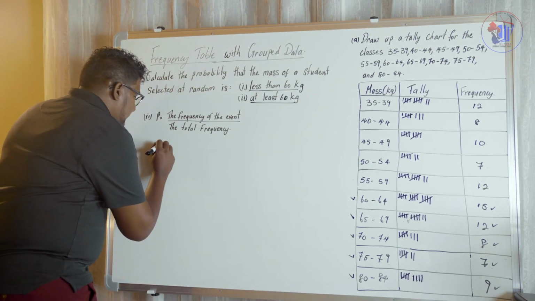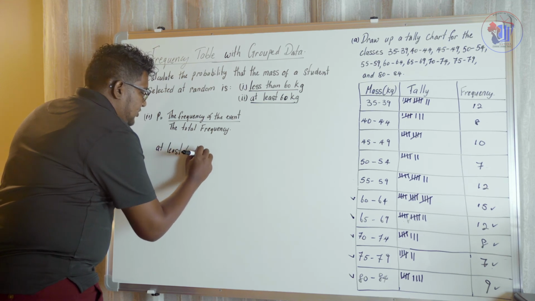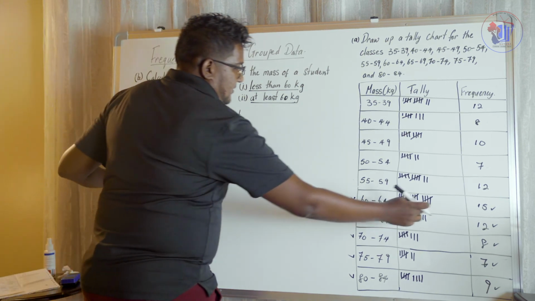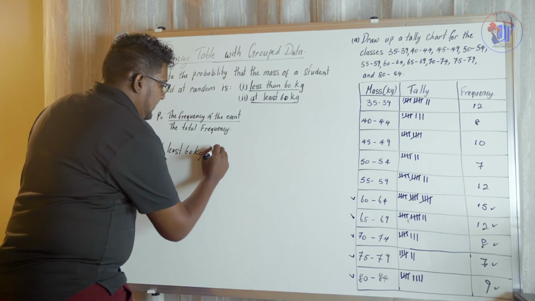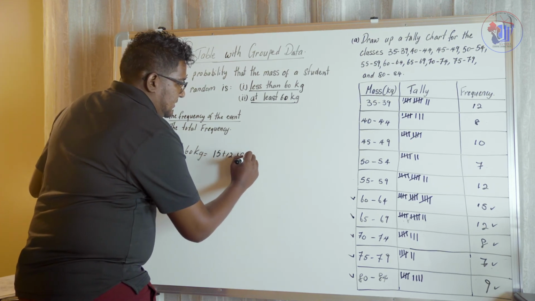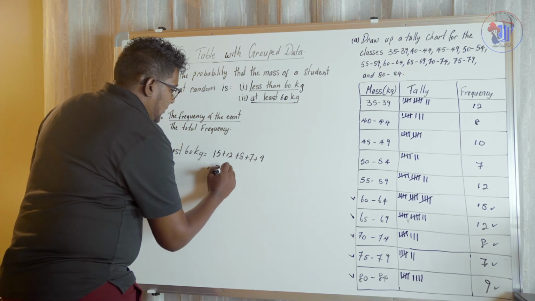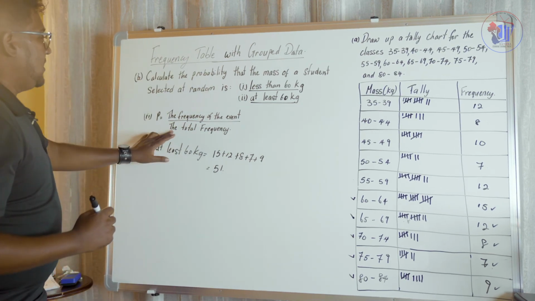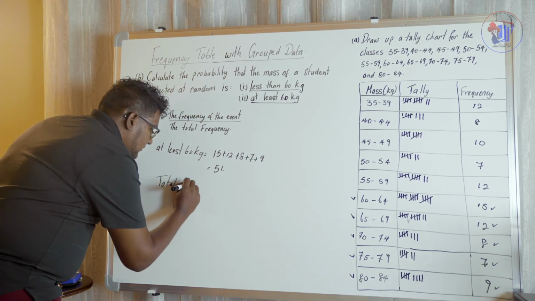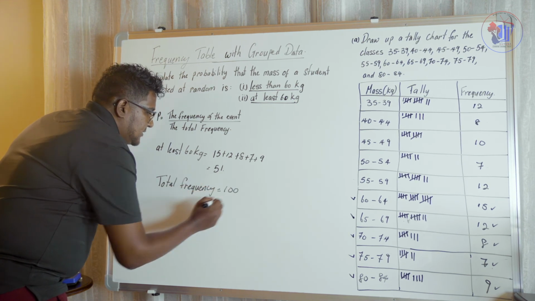So at least 60 kg, this would be the frequency of the event. We have to add our frequencies, and that's going to be 15 plus 12 plus 8 plus 7 plus 9, and when we sum them, we're going to get 51. Our total frequency is equal to 100.